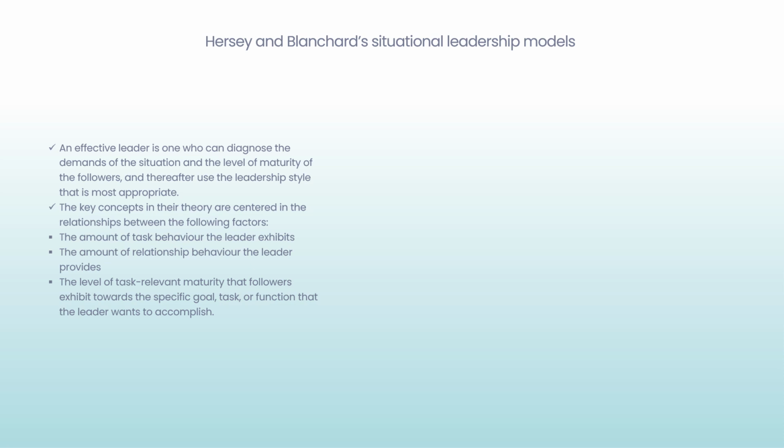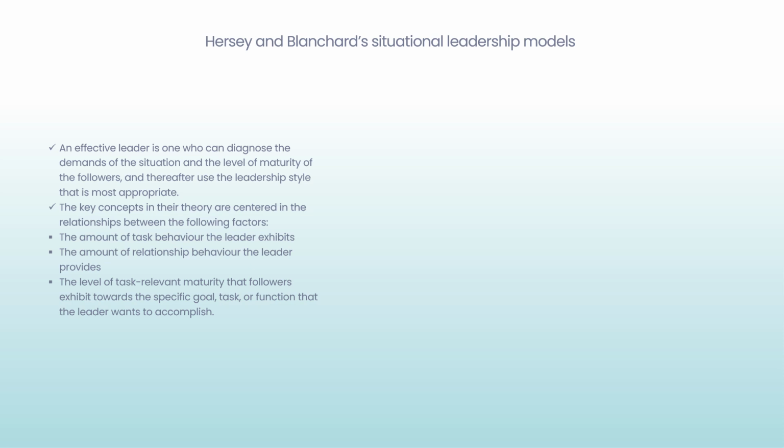The key concepts in the theory are centered in the relationships between the following factors. The first one, the amount of task behavior the leader exhibits. What is task behavior? This is what the leader is doing. For instance, delegate responsibility, interact with people, communication, problem solving, decision making.